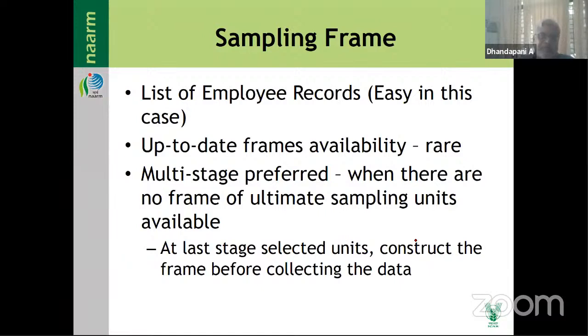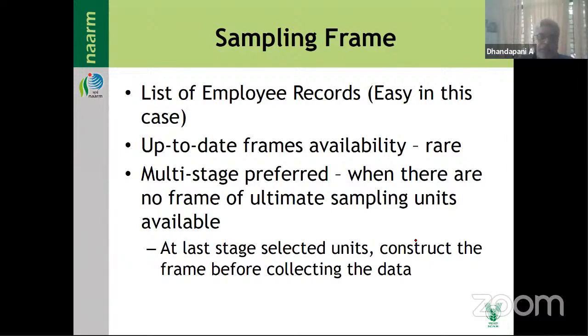They even have something like a household register. All these things are there, but they will not be shared with anybody. That is how it operates. Now, how are you going to do this? If you have any difficulty, then you need to prefer a multi-stage design. That is the only way you can reduce the effort required to create a complete frame.